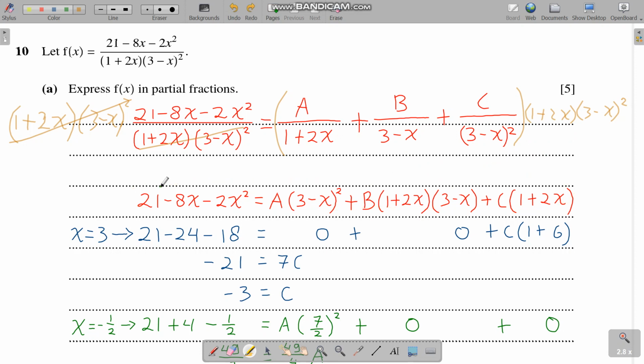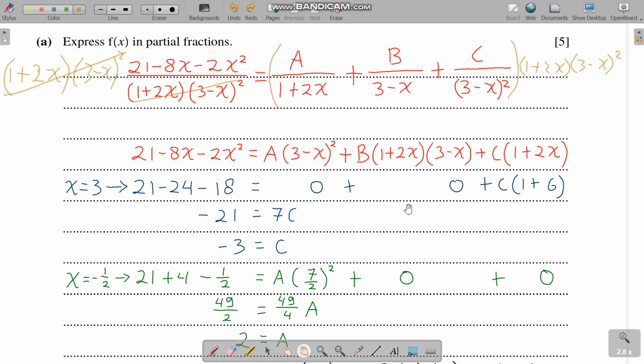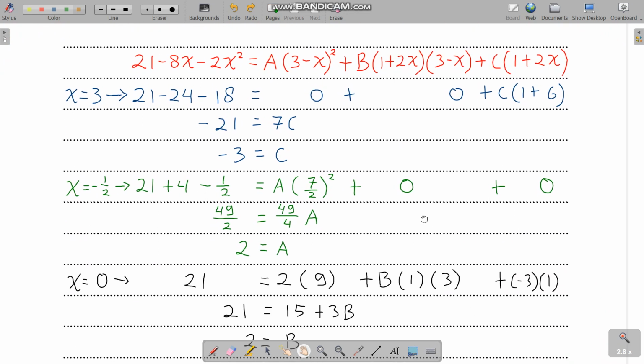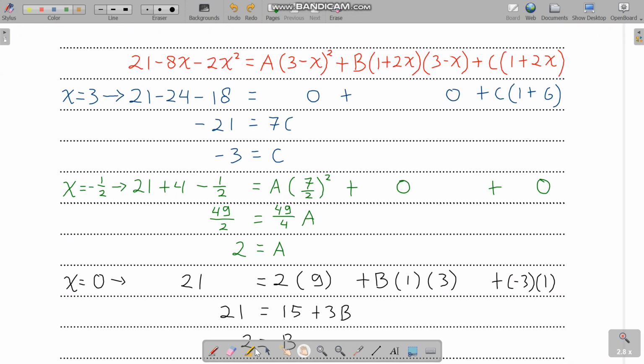To find the coefficients A, B, C, we have to cleverly pick the right values of x and use the zeros. The zeros of the factors mean the values of x that make the factors 0. So here, if we use x equals 3, we will make this factor 0, so the whole term goes to 0.